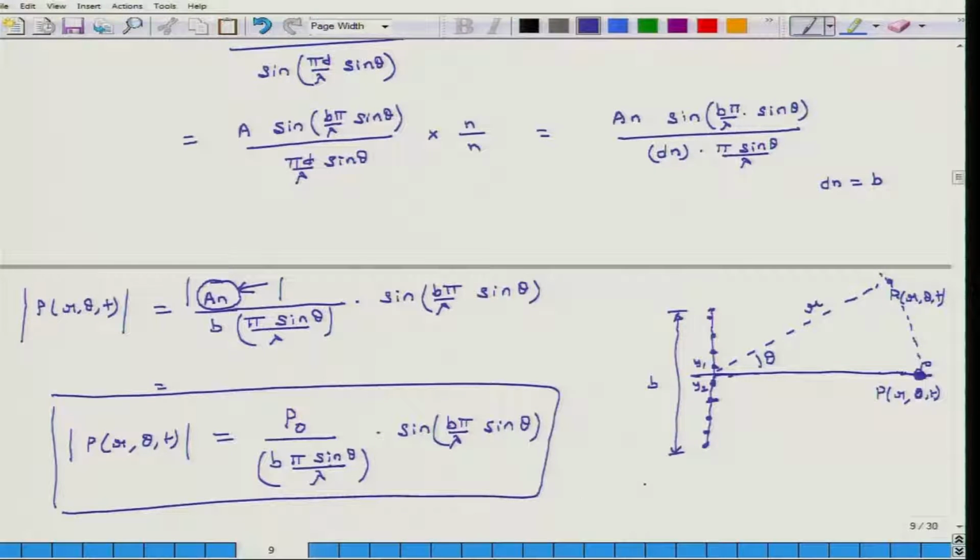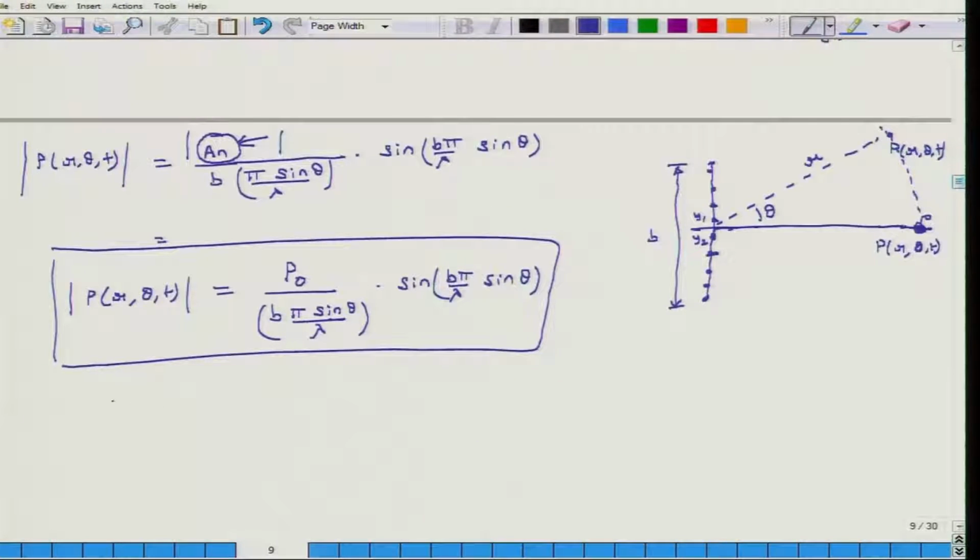So, the final comment, so if P0 is known, then P(r, theta, t) can be calculated.